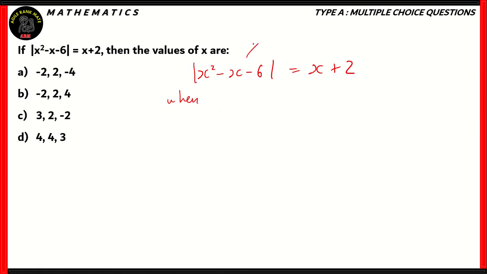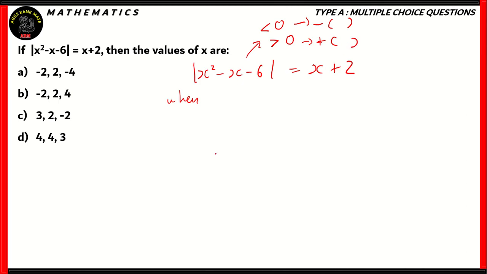A case where the value inside the modulus is less than 0, and another case where the value is greater than 0. When it's less than 0, it's negative times the value on the right hand side. When it's positive, it'll be positive times the right hand side.